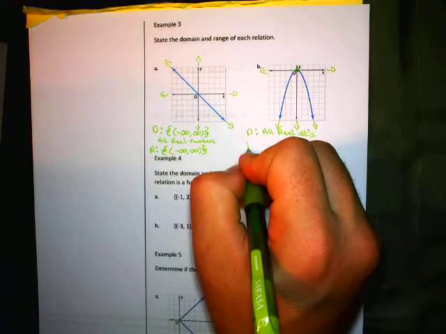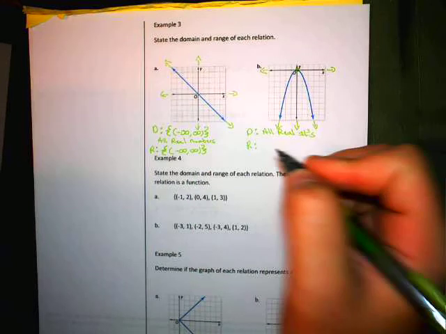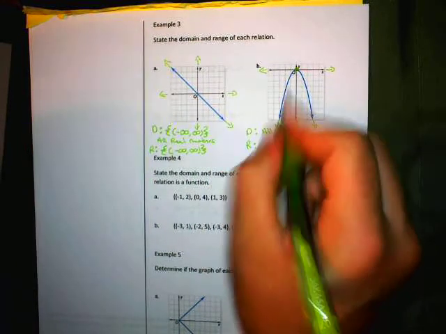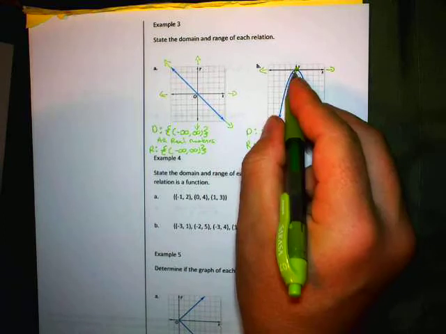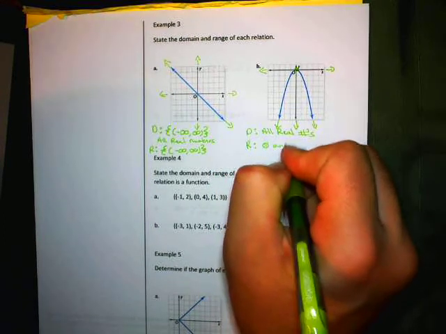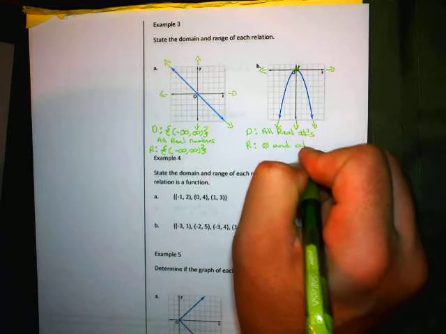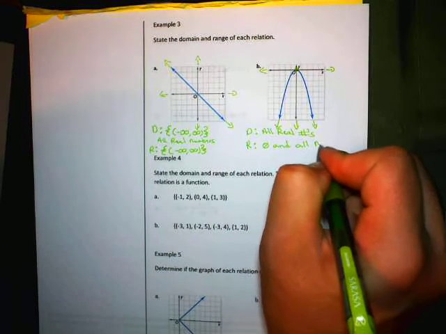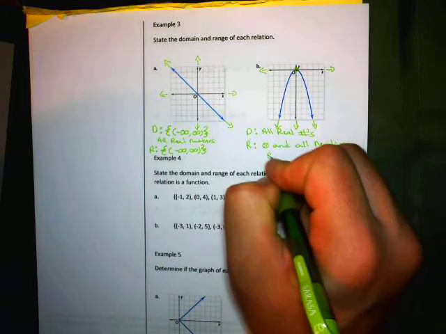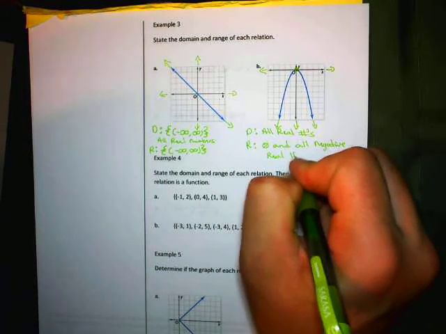But my range, okay, you ready for this? My range is 0 from where it starts and all negative real numbers.